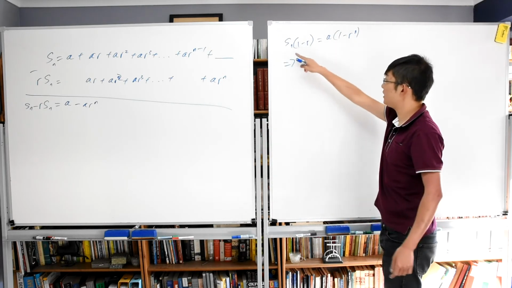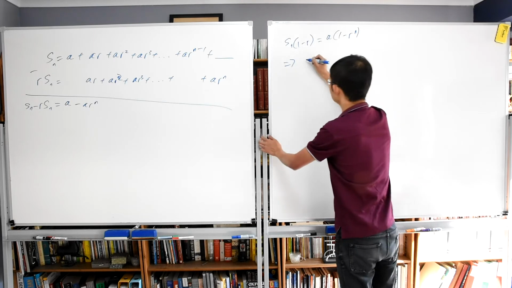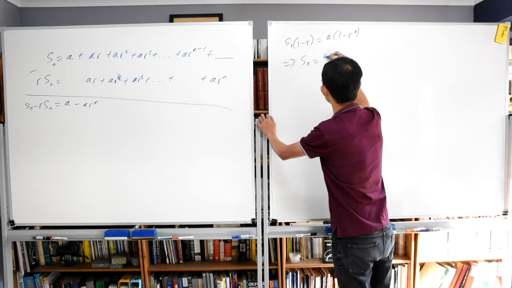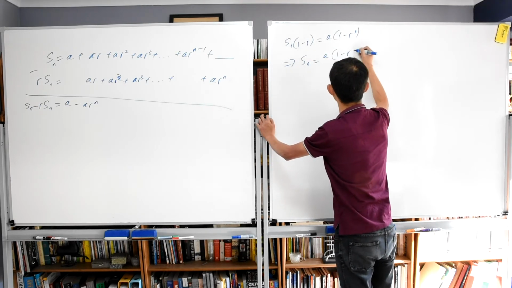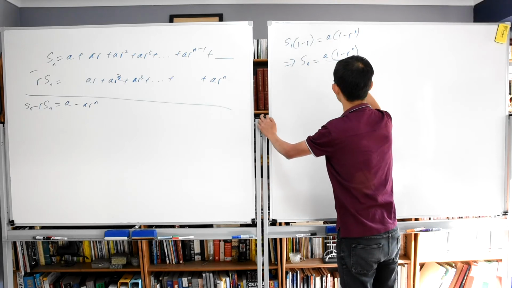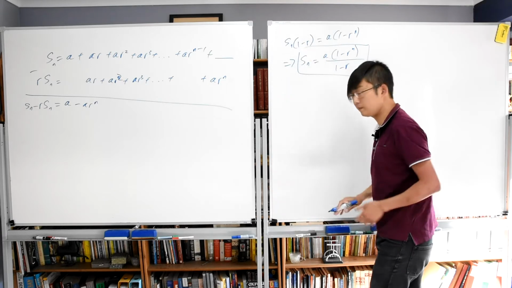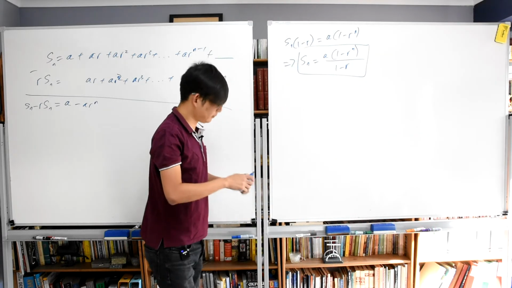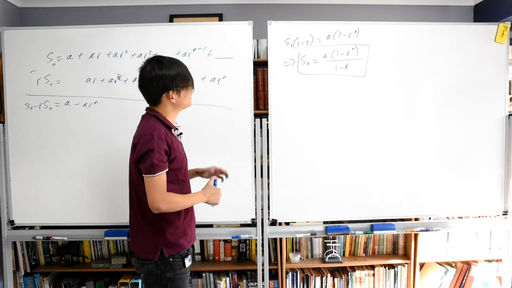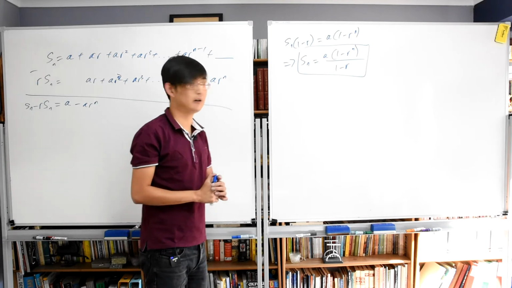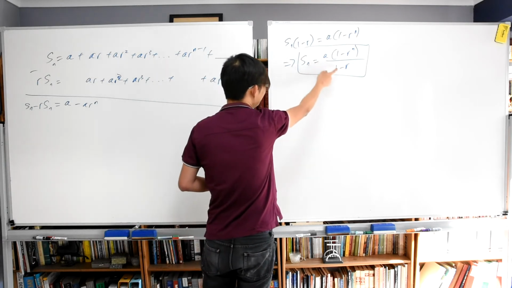And let us isolate just the Sn. This over here is a closed form of the sum of a geometric series of n terms, with first term a, common ratio r.